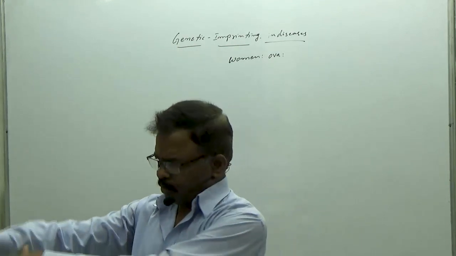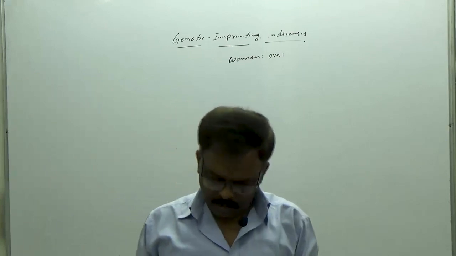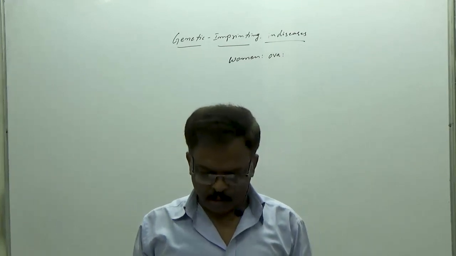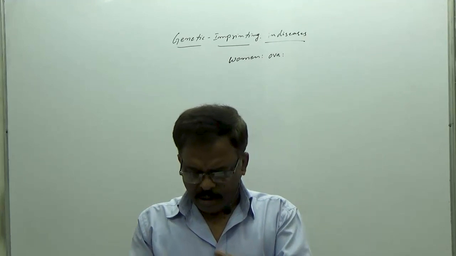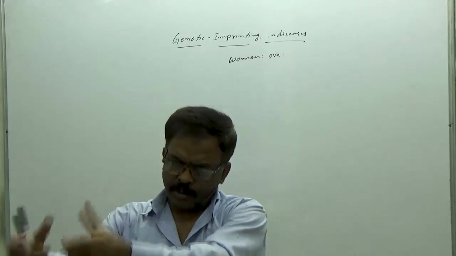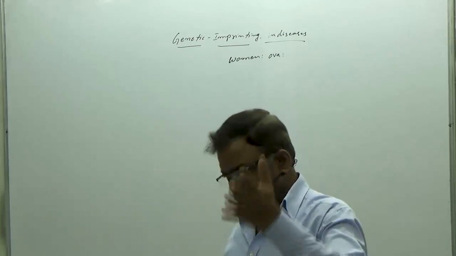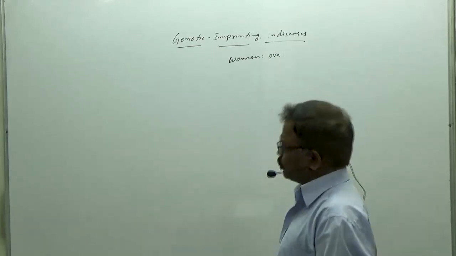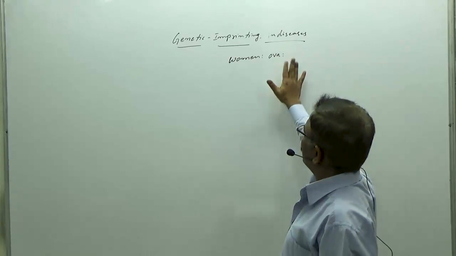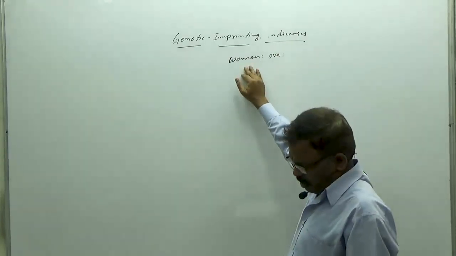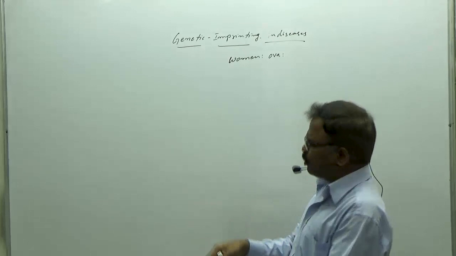Then after puberty, sex hormones are released and give stimulus, releasing one after another, once in 28 days, one release, then the next, then the next. So due to prolonged preservation, there is high methylation.